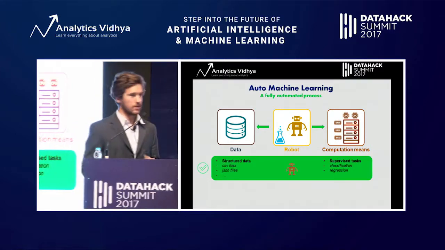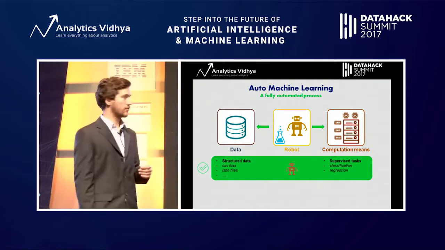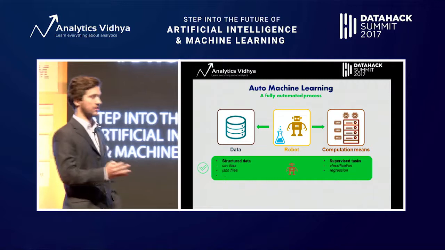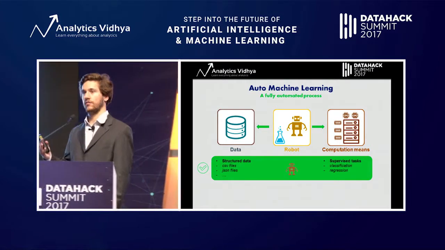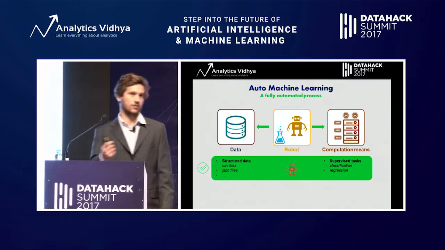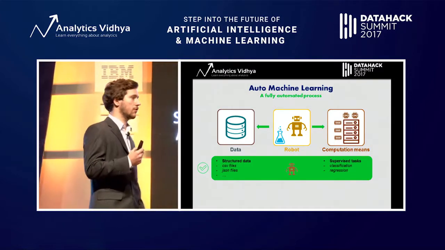So here is the easy way to do it. In terms of data, structured data is easy to automate. For example, CSV files, Excel spreadsheets, JSON files, and classical, I would say, traditional relational databases.